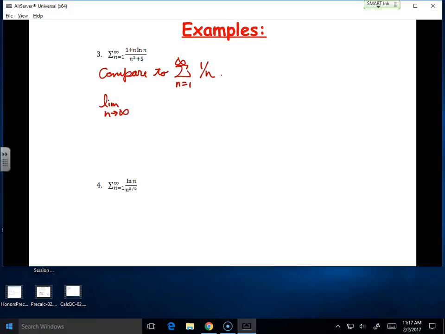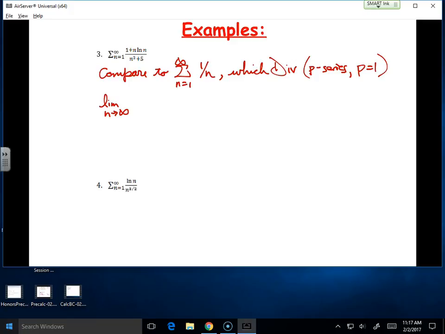Which diverges, a p-series with p equals 1.